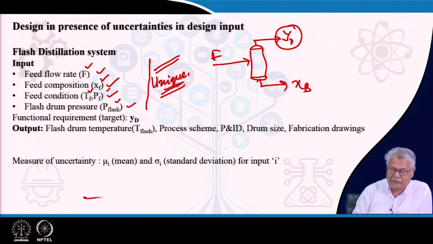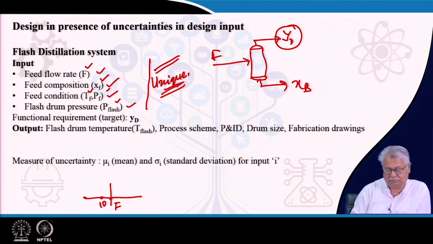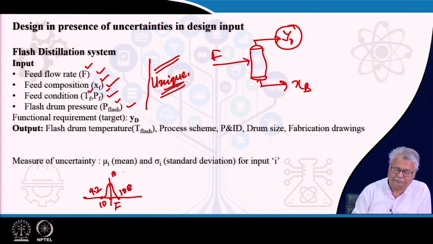That means, if I have a variable here, it could be feed, it could be 10 meter cube per hour, possibly this value, this is 10, but it could be 9.2 to maybe 10.8. And probably the maximum probable value has been 10. This is 9.2 and this one is 10.8.